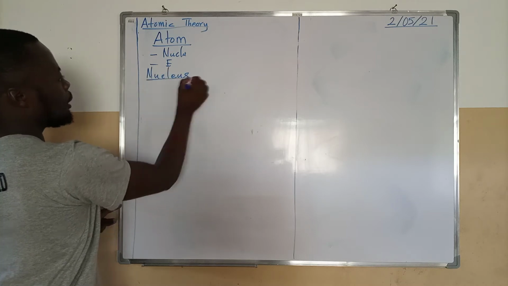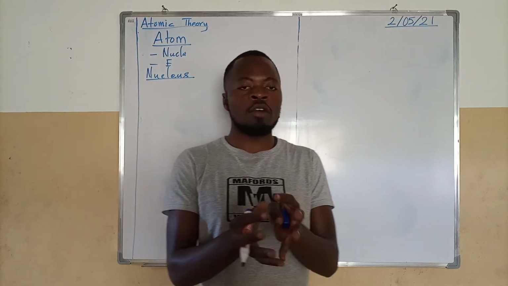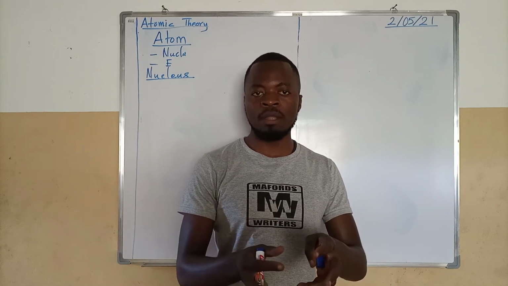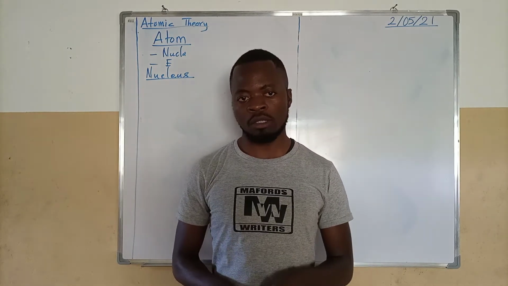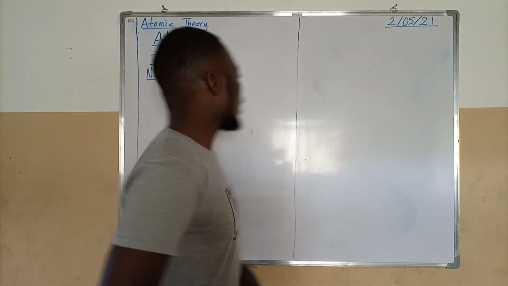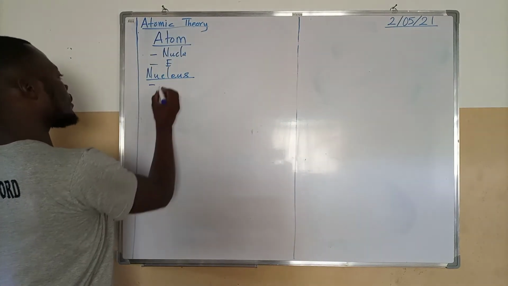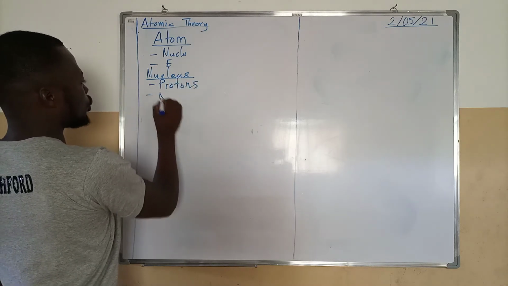So when we're looking at the nucleus, we have to understand that the nucleus is found at the center of an atom and comprises two subatomic particles, namely protons and neutrons. So we are saying the nucleus comprises protons as well as neutrons.